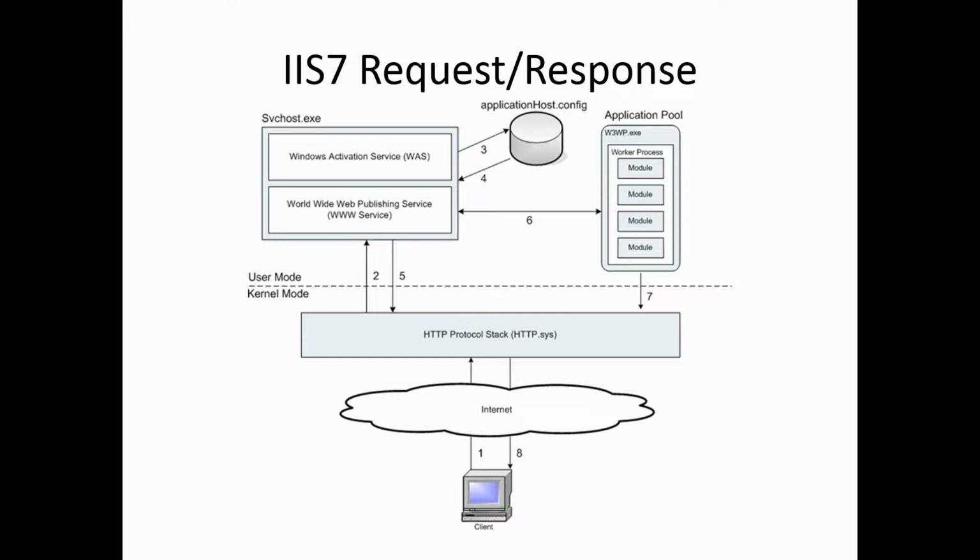Our request goes across the internet and hits the HTTP protocol stack, which is basically the front door to the web server. The web server, IIS or Internet Information Services, picks up that request, goes through a series of steps where it evaluates the request, and then directs it to the appropriate application pool. That application pool is where our ASP.NET MVC application runs.